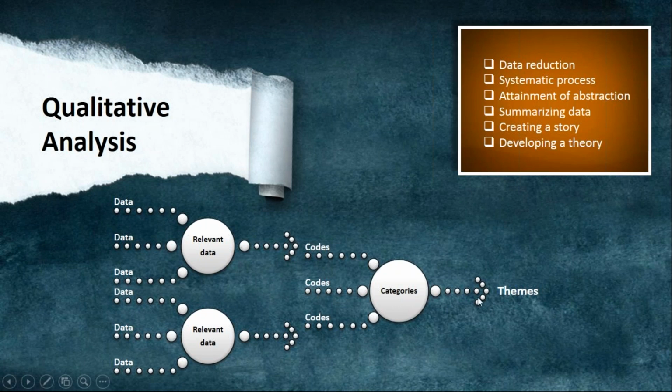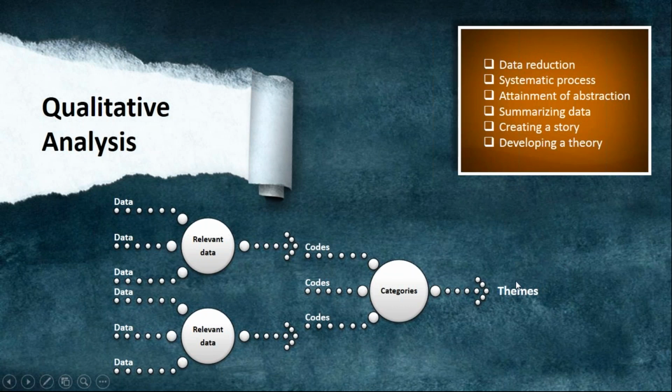So at the end of the day, because it's a systematic process, the themes that you're going to develop will represent the data that you have. You are moving from specific information that you receive from participants to abstract information. But the abstract is representing the specific information that you got from participants, right? So there should be a connection between the themes and what participants said, right?